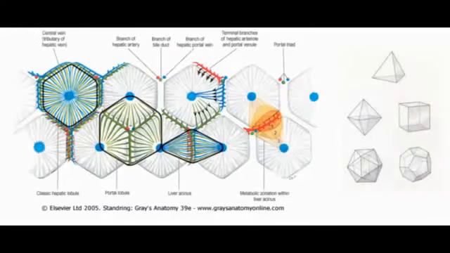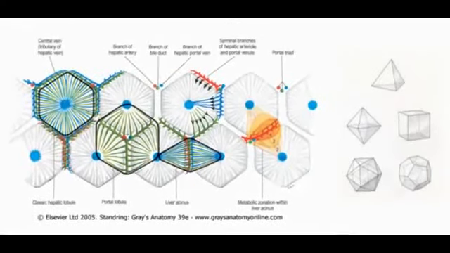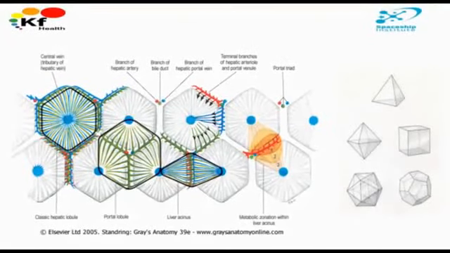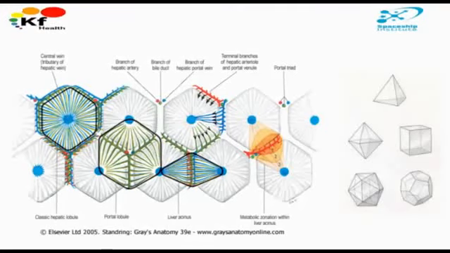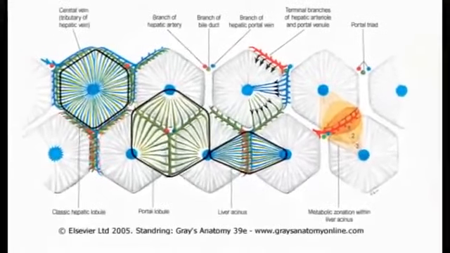Then we go to the next slide. This is number 11. On the 11th slide, you can see the positioning of each lobule relative to the others.